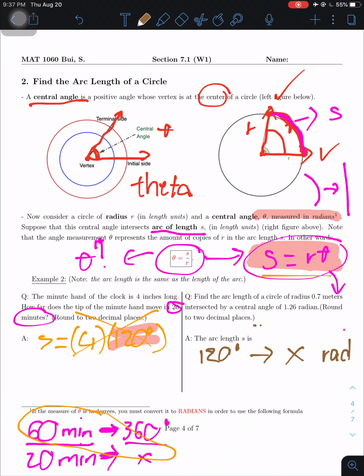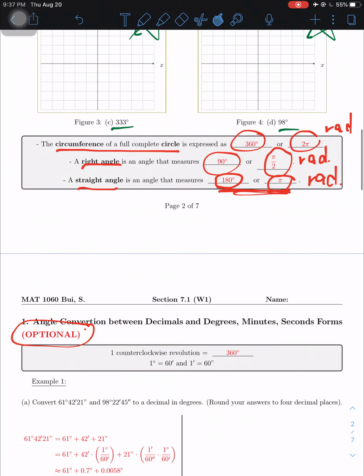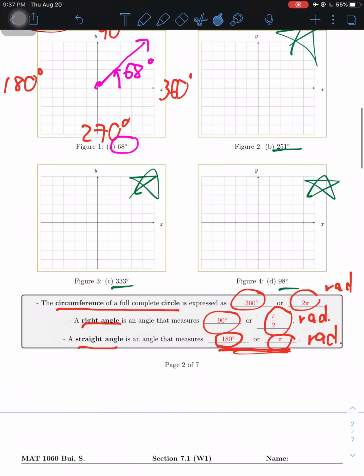Let's recall the fact that we had earlier in the past slides. I told you guys that this is a very big, important piece of information about the relationship between degrees and radians, right? We have to memorize that 180 degrees is equivalent to pi radians. So let's copy that into our brain and let's bring it down in here.